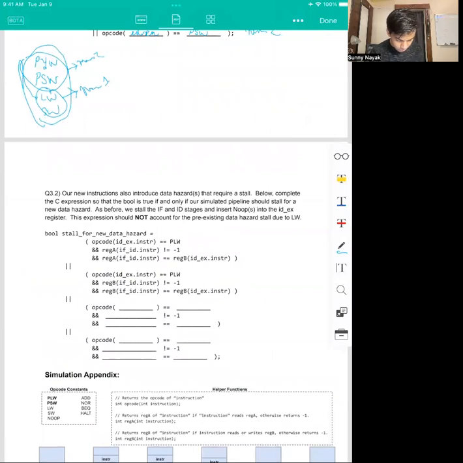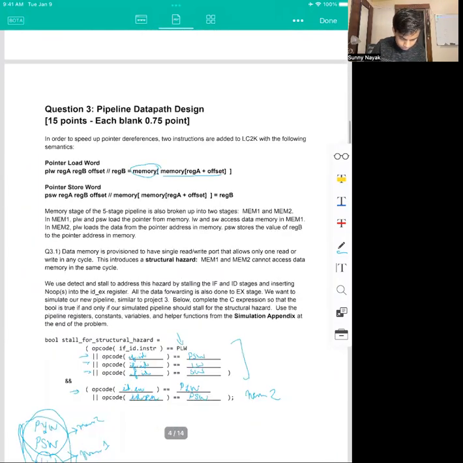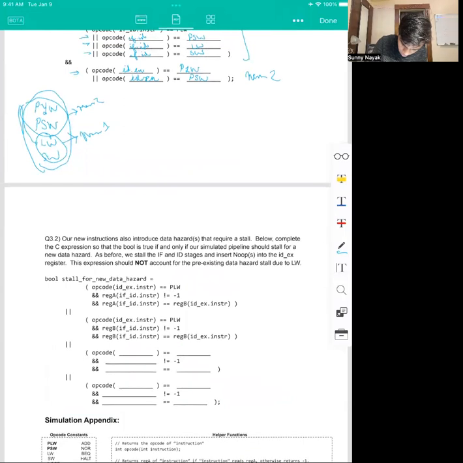They said if the opcode in the IDEX register is a PLW and the register A is not 1 and it is equal to register B. So essentially, if I had a PLW instruction, let's write out an example.